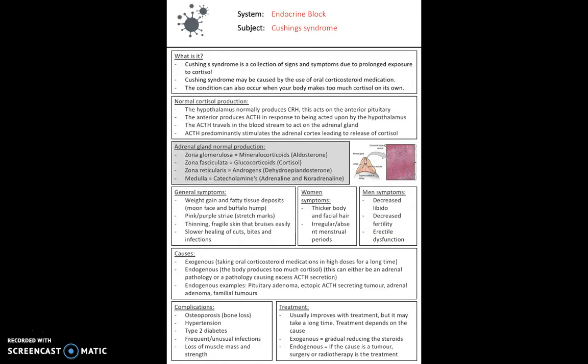Next we have Cushing syndrome. So it's really important to differentiate between Cushing's disease and Cushing syndrome. So Cushing syndrome refers to the collection of signs and symptoms as a result of high cortisol levels. On the other hand, Cushing's disease is all about the pituitary. So for example, you have a pituitary adenoma which causes an increased release of ACTH.